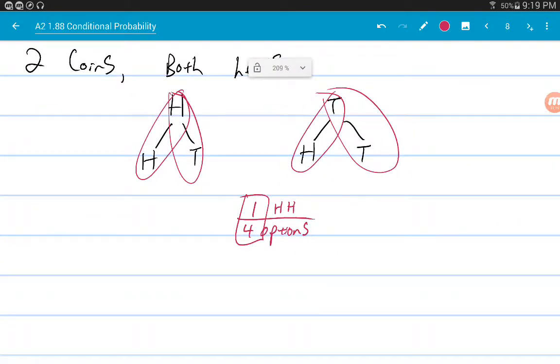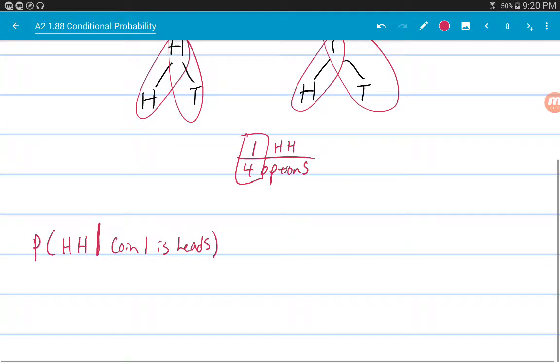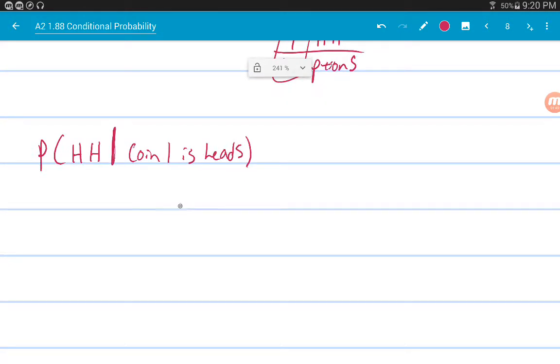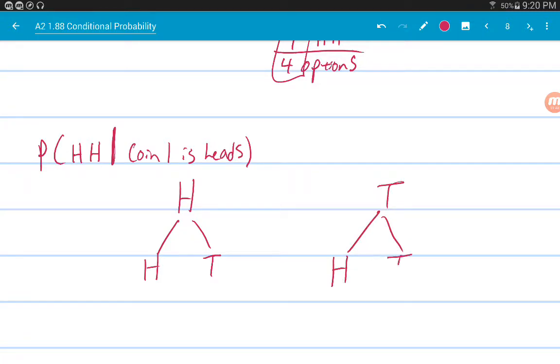Now, if the question said that I was given that the first one was heads, so the probability of heads, heads, given is just a tall vertical line. So given that coin 1 lands on heads. Well, if they've given me that coin 1 lands on heads, right? I have this tree diagram here, heads, heads, tails, and tails, heads, tails.